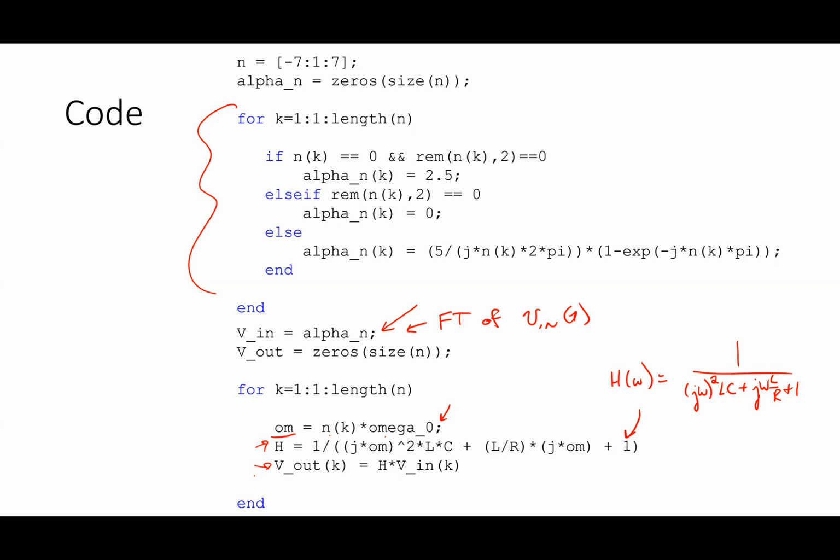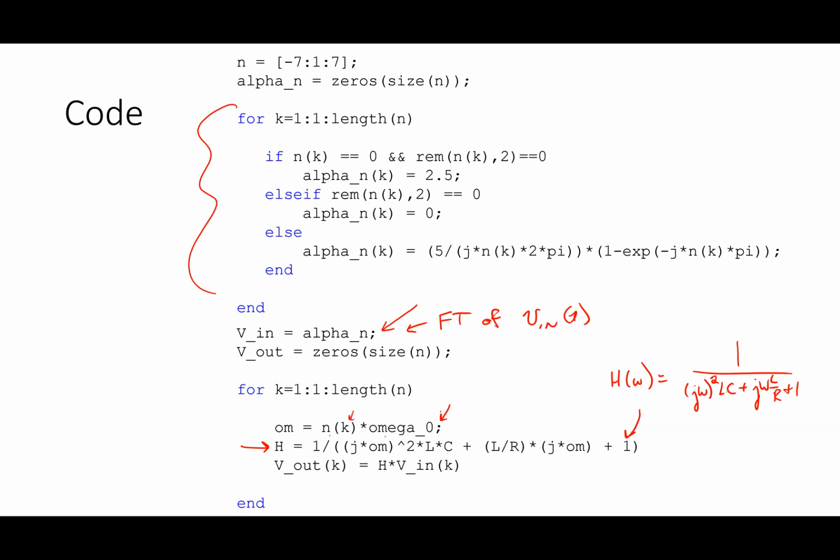Okay, if I looked at this, how big is H going to be? What would H look like? Based on the way this code is set up, is H a vector or is it just a scalar? Scalar, right? Because n of k is a number.